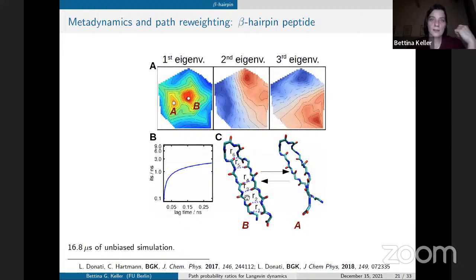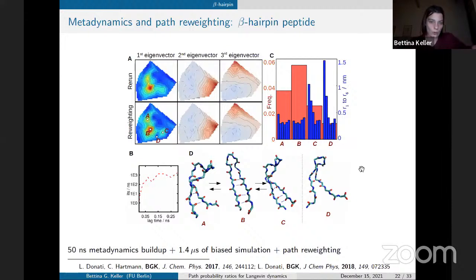So we biased along three of these hydrogen bonds, so three one-dimensional biases, and in fact saw full opening and closing of this peptide. Then we reweighted this and obtained a reweighted Markov model that has three states, A, B, and C, where B is the fully closed, and we have transitions to half open states left and right.